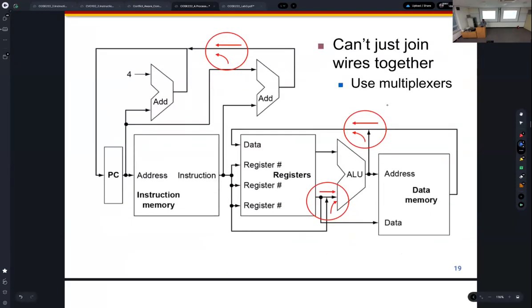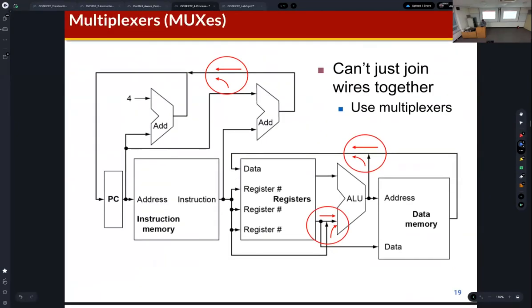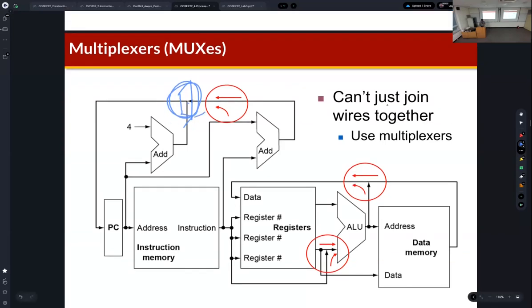So we need to use a multiplexer here. If there are two or multiple inputs, and we need to select one output from them, then we need to use a multiplexer. Here and here and here.